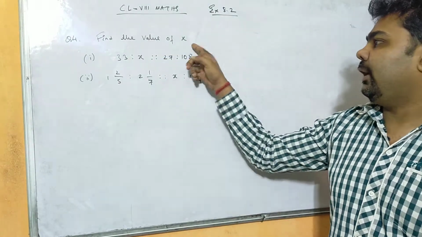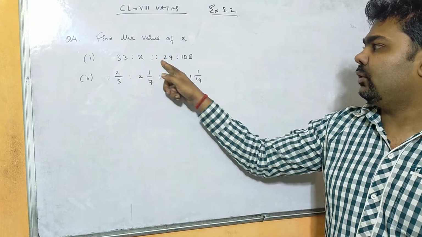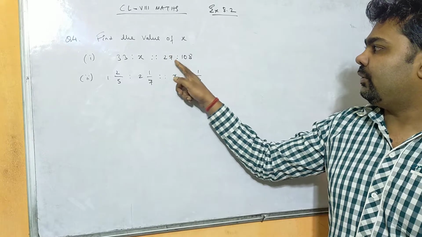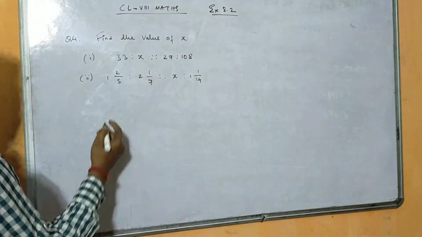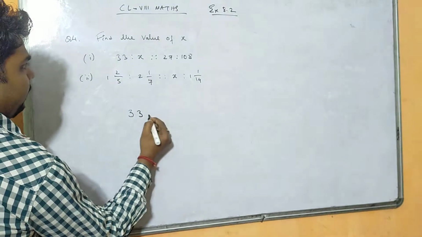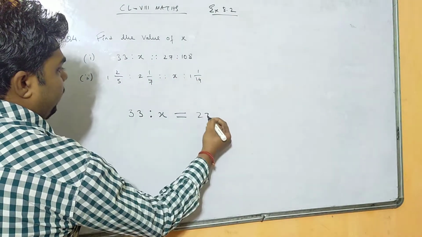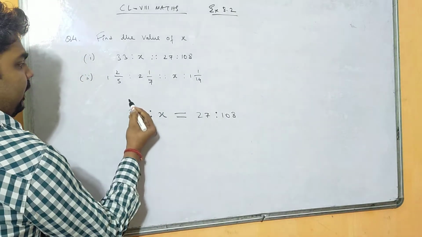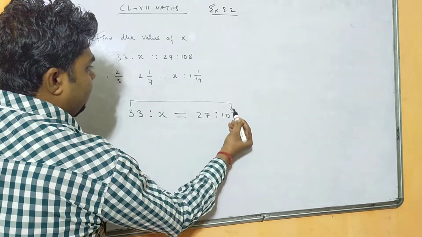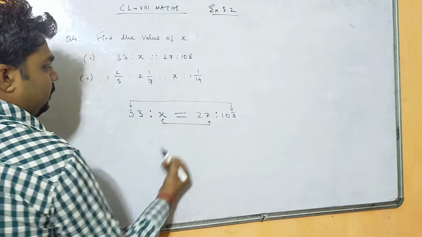Find the value of x, that is 33 is to x, then 4 dots, this means equals to 27 is to 108. For this type of question, we have to get the value of x. So you write 33 is to x equals to 27 is to 108. You need to multiply the extreme numbers and mean numbers.